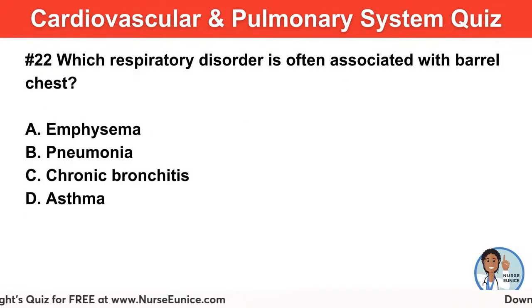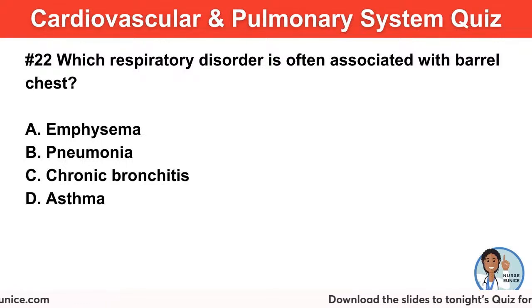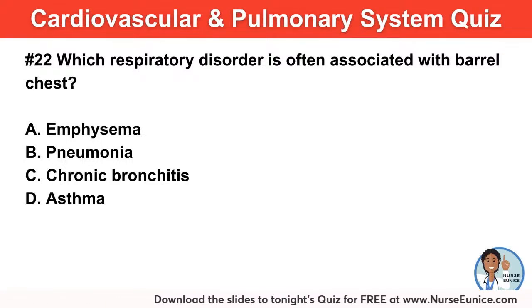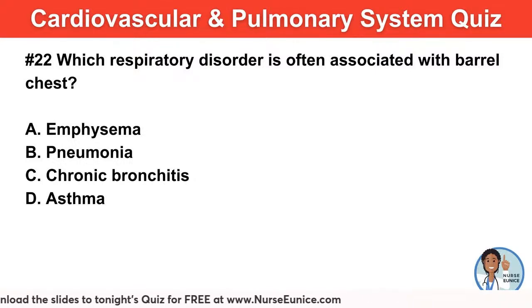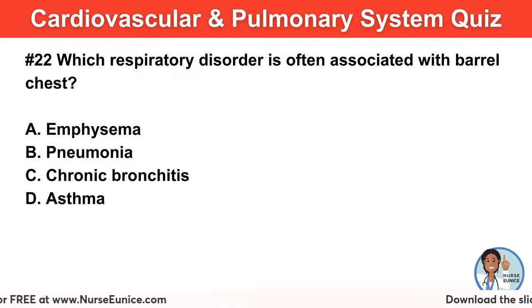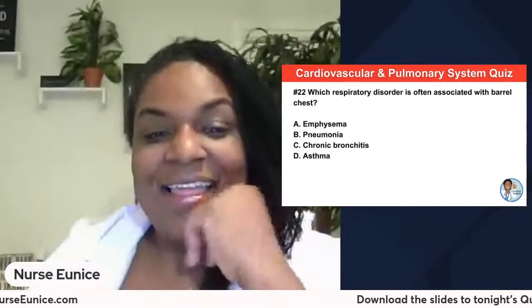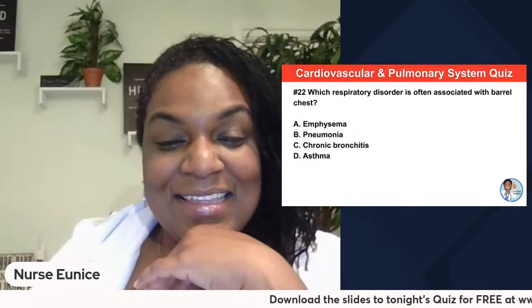Number 22, which respiratory disorder is often associated with a barrel chest? Is it emphysema, pneumonia, chronic bronchitis, or asthma? What do you think, team?